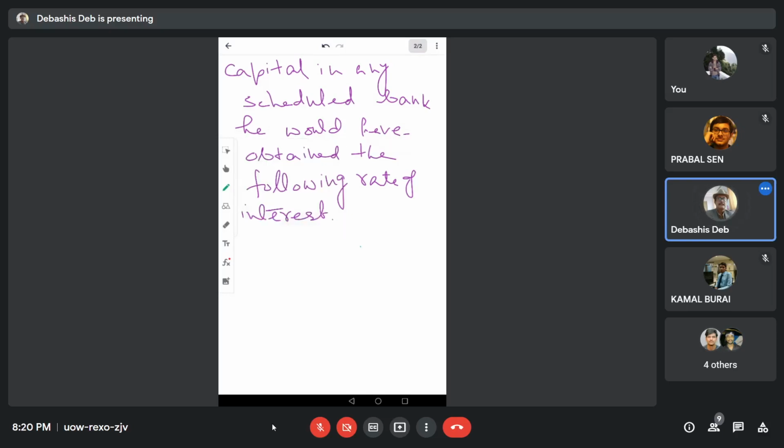We are providing this period of deposit and rate of interest.